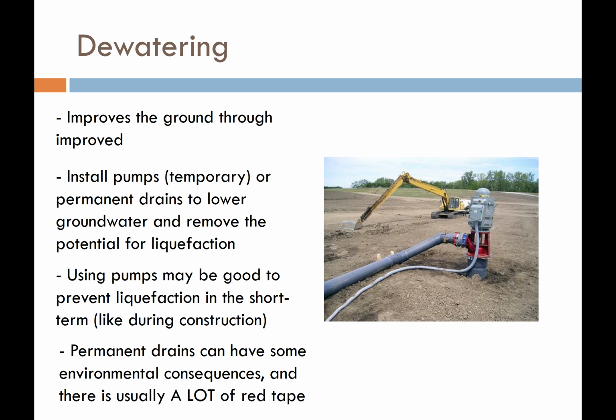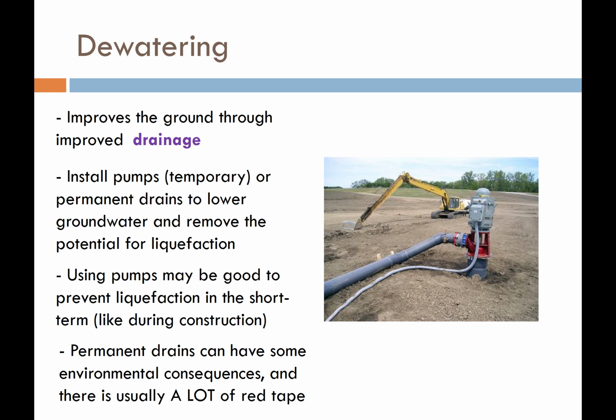One of the obvious solutions, if you want to prevent liquefaction, is to just get water out of the soil so that it won't liquefy. So we're going to improve the ground through drainage if we do dewatering. So dewatering means we're just going to put a big well in the ground, pump the water table down, and the water is going to go elsewhere.